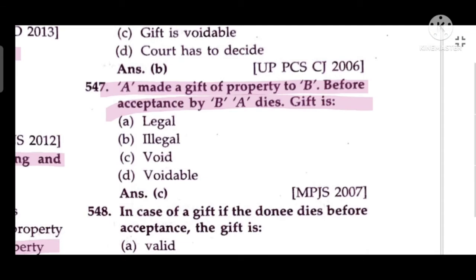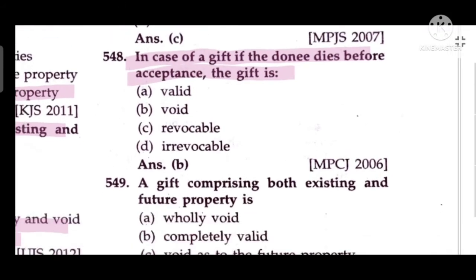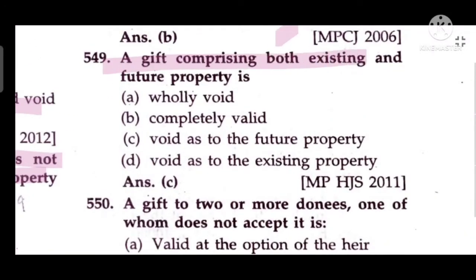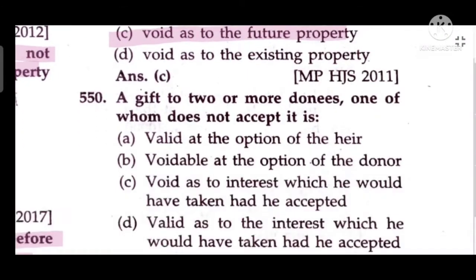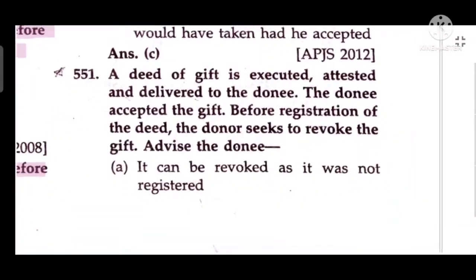The gift is void. A gift to two or more donees, one of whom does not accept it, is void to the extent of the interest he would have taken had he accepted.